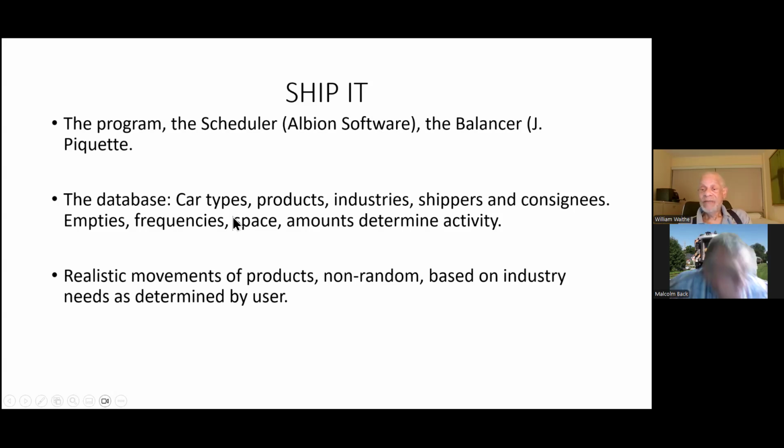You have different car types, AAR car types, the products your industries produce and what they need. So part of the enjoyable part of it is studying those industries, studying, for example, a meat packing plant, finding out that they need, for example, nitrates so that the frankfurters look nice and red, or that they need tons of salt and tons of sugar.